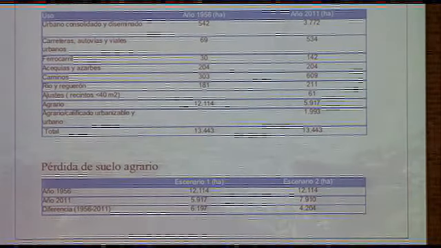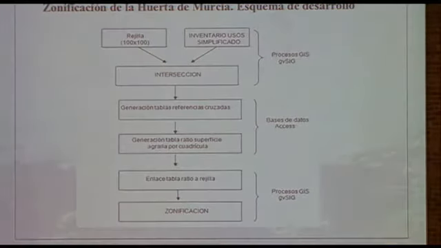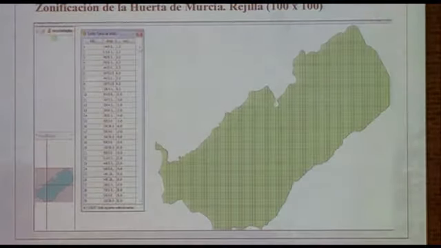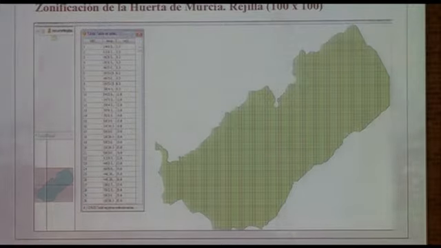After studying the use of land, we are doing a planning study. Here we see the different trends, the different evolutions that this territory has experienced. We are generating a grid with 150,000 registers that have been made over the territory.